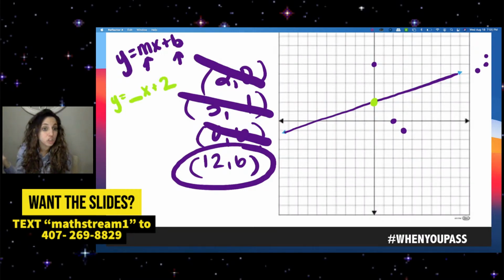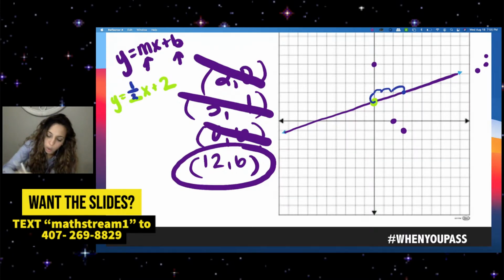And my slope is just rise over run. So I'm going to look for the next point that crosses through an intersection. So I rise 1 and I run 3. So the equation of my line would be y equals 1/3 x plus 2.